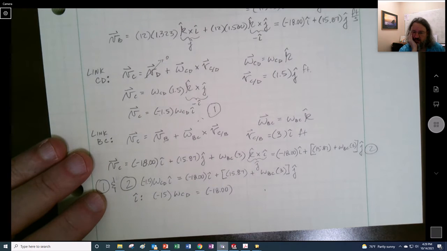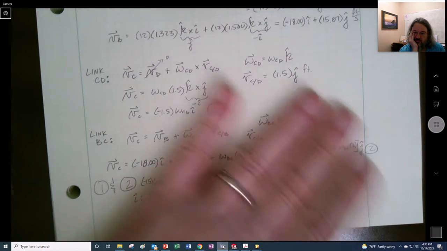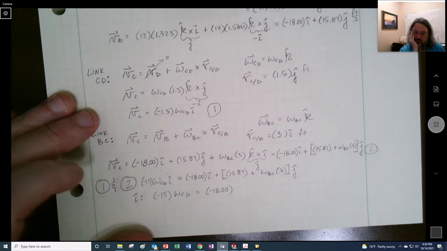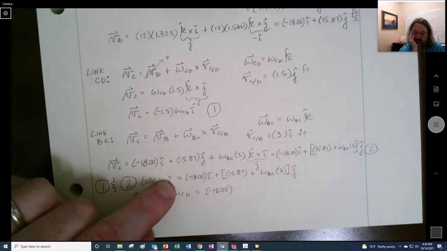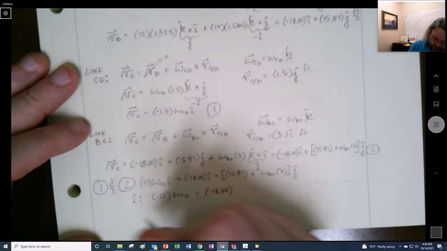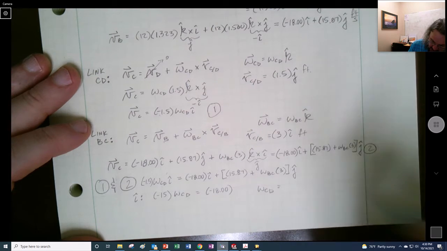It's kind of unusual that I could just solve for this one, but I think I can. Because this one has to have 0 in the j, so this right here has to equal 0. So I can actually find omega CD.